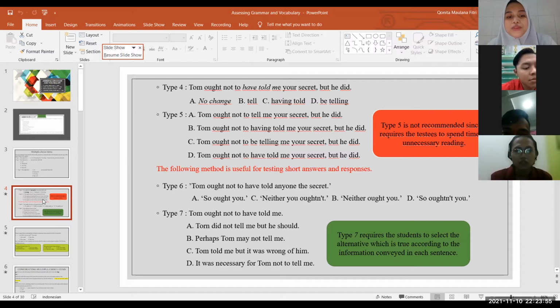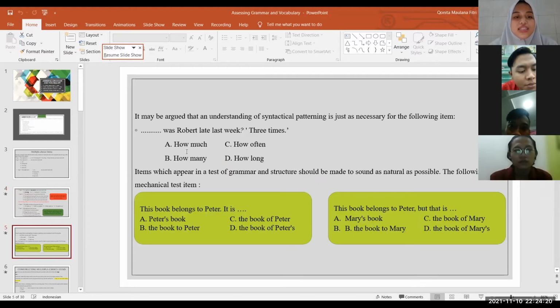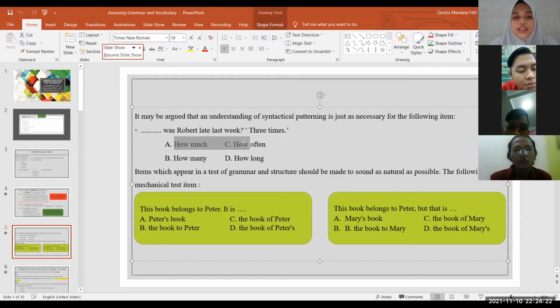Type number 6 and type number 7 require the student to select the alternative which is true according to the information conveyed in each sentence. It may be argued that an understanding of syntactical patterning is just as necessary for the following item. So this is the example of type 7.